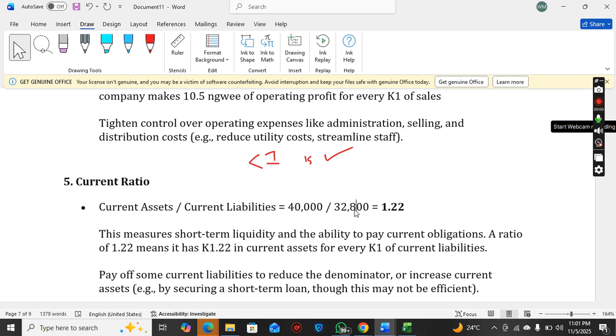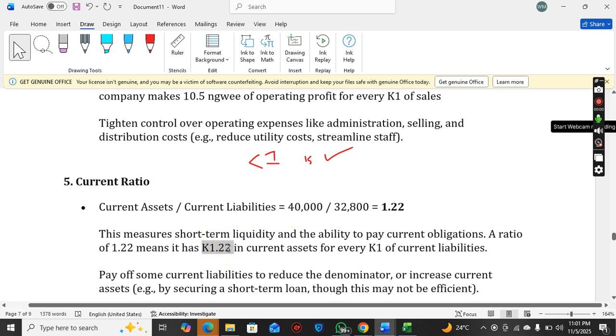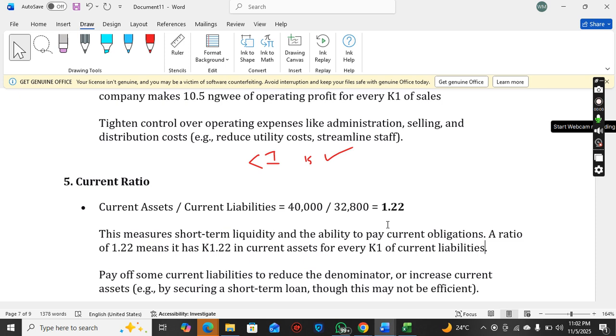There are many ways you can interpret this. You can say our current assets can cover our current liabilities 1.2 times, or you can say you have 1 kwacha 22 ngwee in current assets for every 1 kwacha of current liabilities. But basically, any current ratio above 1 means you can cover all your current liabilities and probably even remain with some change. Any questions?